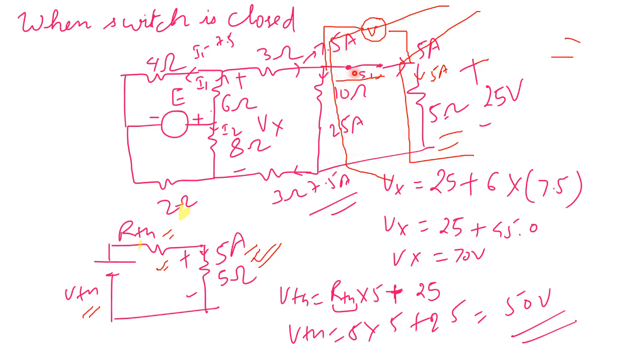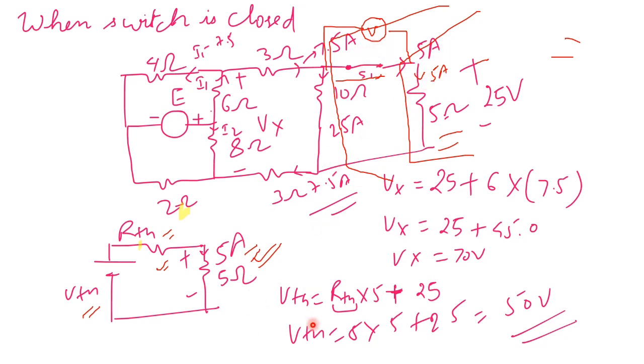If we are able to calculate that VTH, that will be the voltage drop across this voltmeter, because no current will be flowing, and whatever is the voltage drop here will be the voltage drop across this voltmeter. So if we are able to find this VTH, that is the voltage drop which will occur when the voltmeter comes into action.